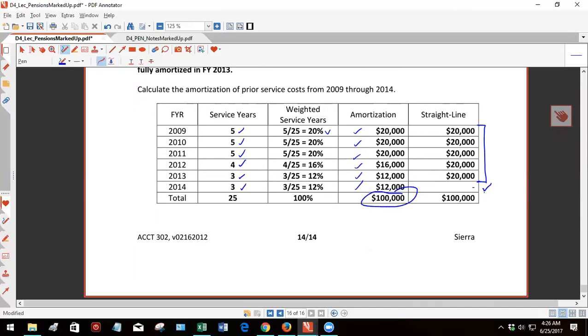They both total 100,000, but as I have said many times during the semester, accrual accounting is about the total amount of 100,000, but it's also the timing of where you're going to put it. And what happens with this years of service method amortization is you'll go longer, but later you'll have lower amortization expense.